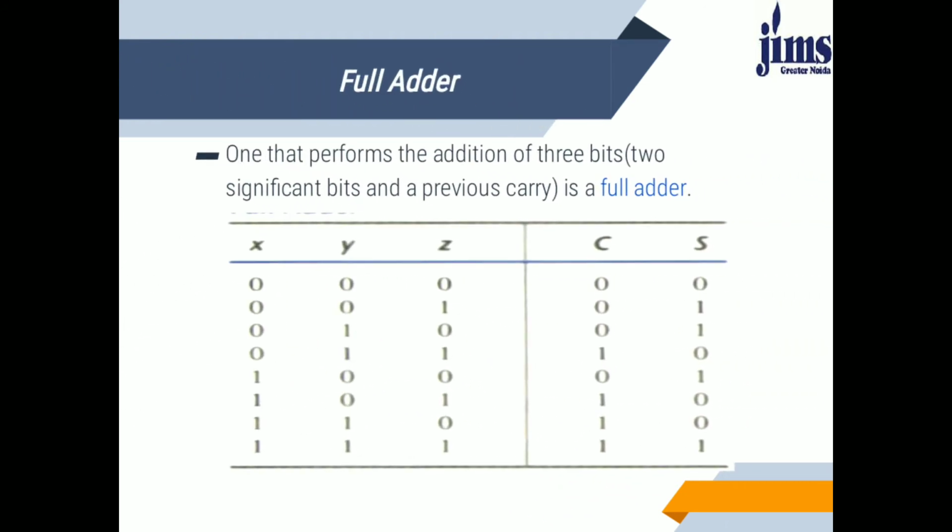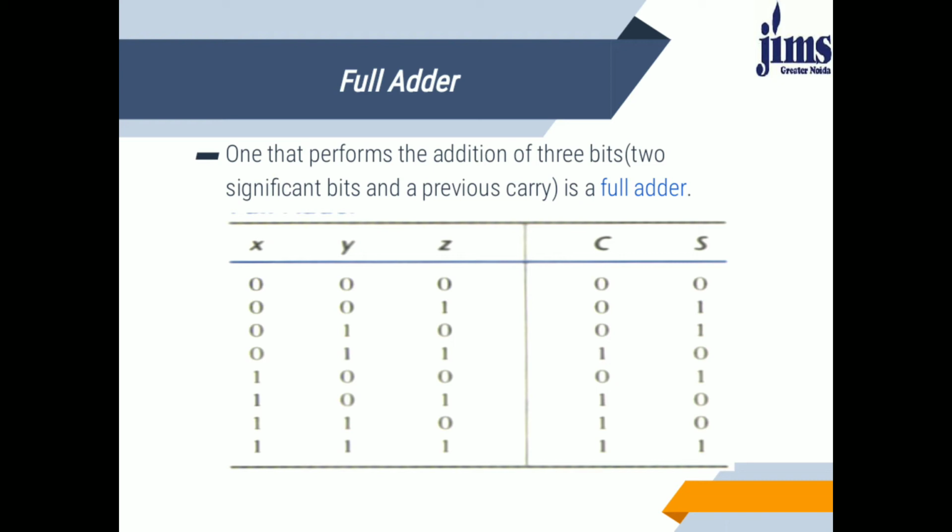Now a full adder is one that performs the addition of 3 bits, meaning 2 inputs plus 1 carry. It can be a carry or another input, whatever you want to consider. So it needs 3 inputs. This is called a full adder. I am taking 3 inputs x, y and z.